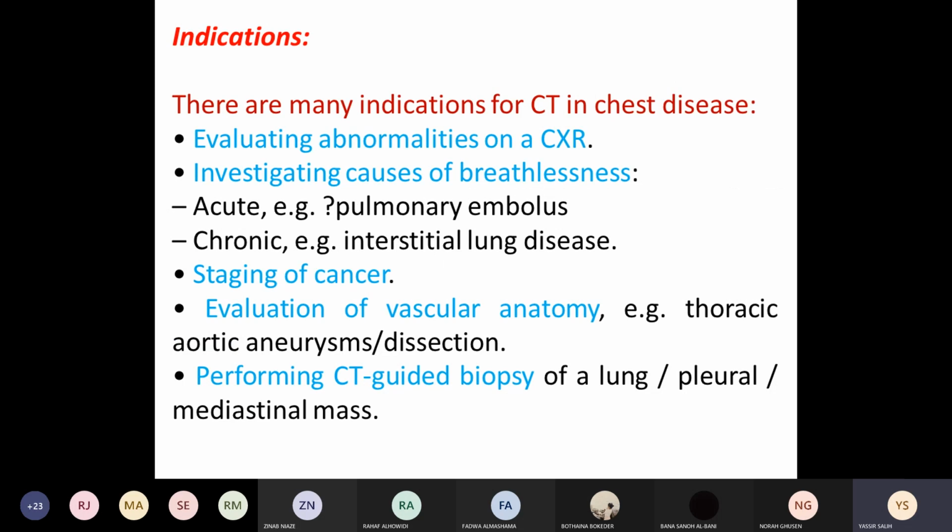The indication for CT, there are many indications. We conclude them in this indication. Evaluating abnormality on chest X-ray. Sometimes we can do chest X-ray, but still the result is inconclusive. It is not clear. In this time, you can perform CT for more characterization of the lesion that's seen on chest X-ray. يعني مرات بيكون عندنا lesion لكن I'm not sure.